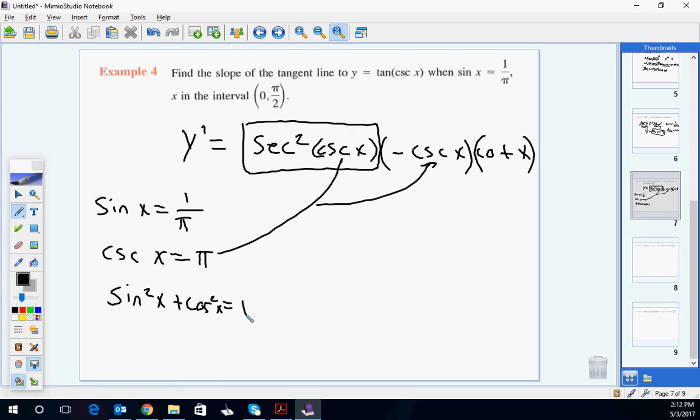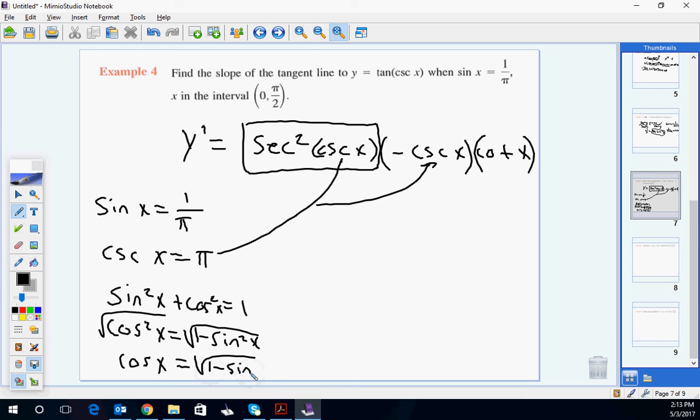And so when we're relating them to each other, if I want cosine, it's going to be cos squared x equals 1 minus sine squared x, right? And then we're going to square root it, so that we get what cosine x is.